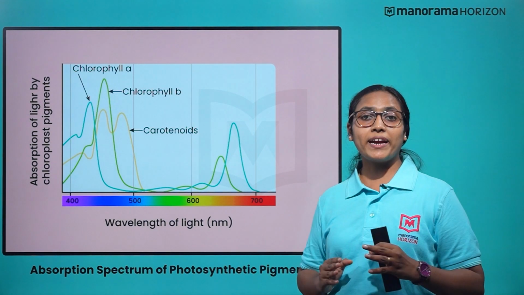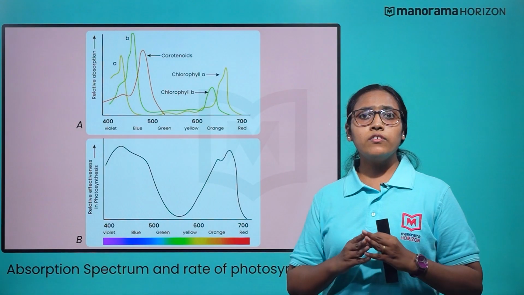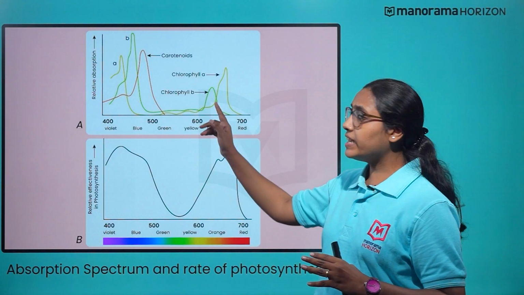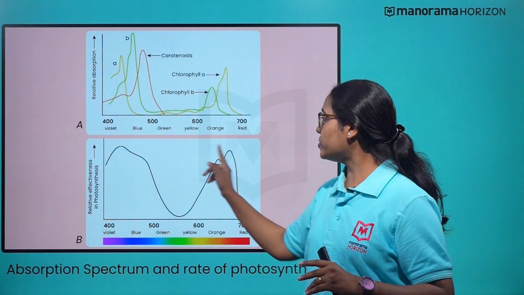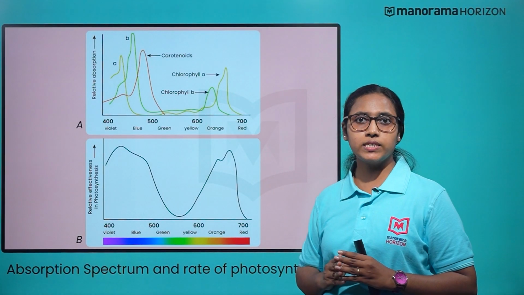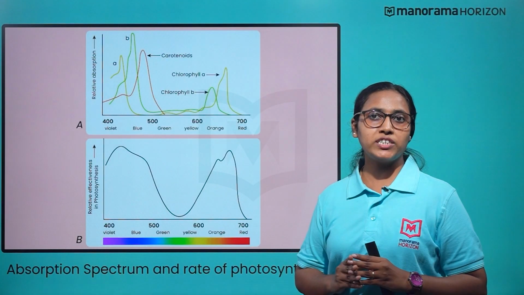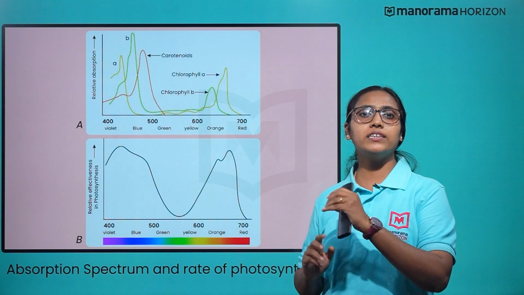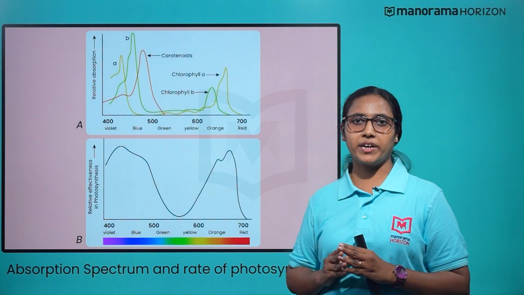That is, the spectrum that shows the rate of photosynthesis. From the action spectrum, it is understood that chlorophyll A shows the highest rate of photosynthesis at both the wavelengths of light. This answers the question why chlorophyll A is the most abundant and important photosynthetic pigment.